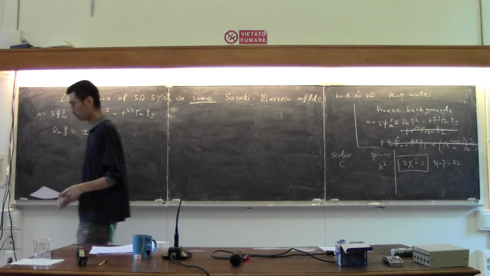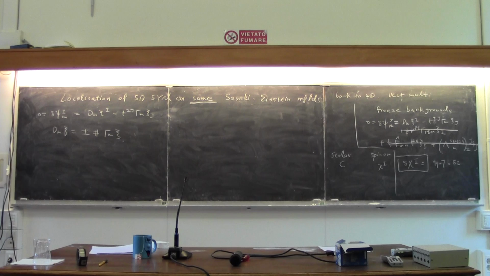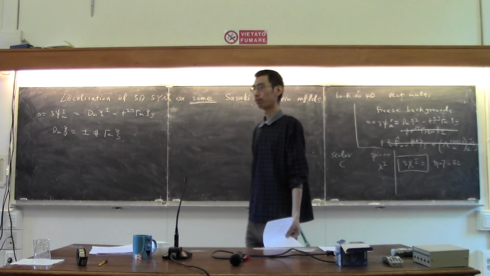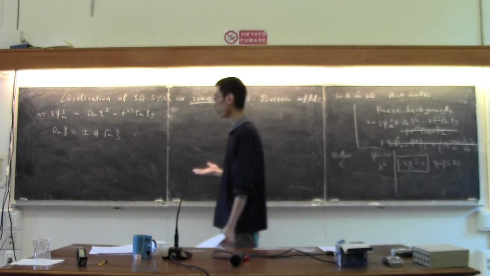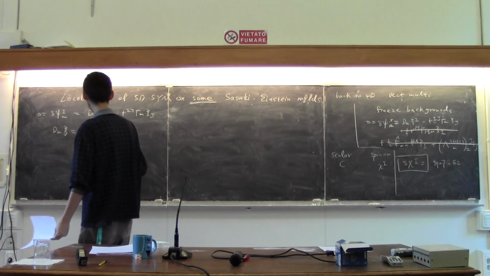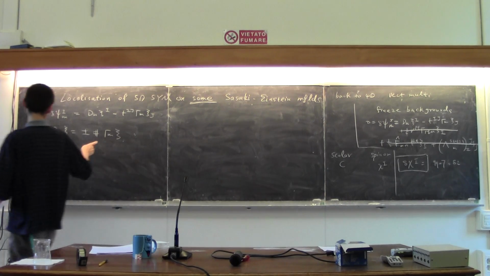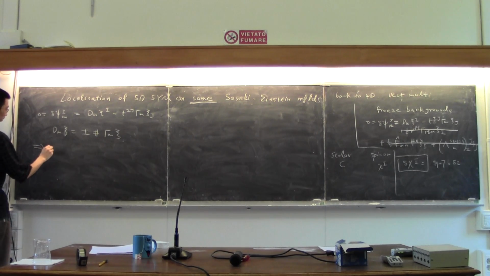Now, what we will do next is that basically we try to exploit this equation as much as we can, and derive what geometrical properties the manifold must have. So, for example, one thing we can immediately get is the following. This would immediately tell you that the manifold is Einstein.